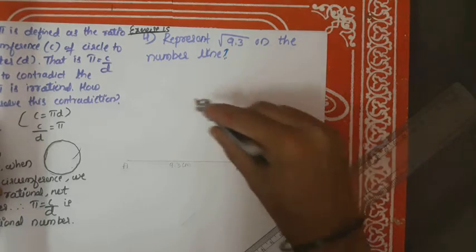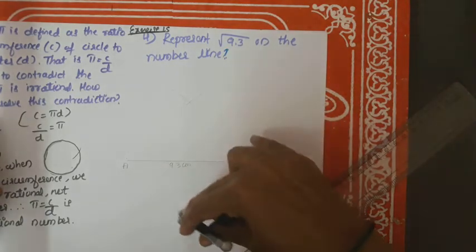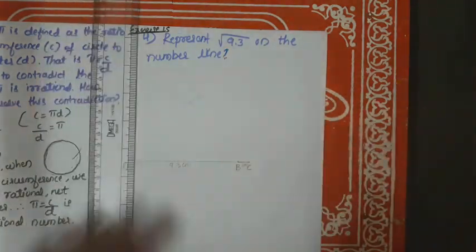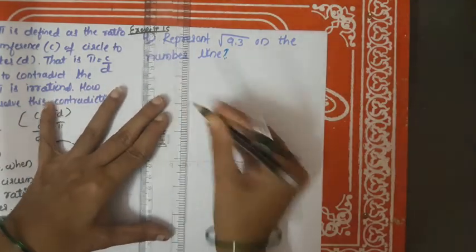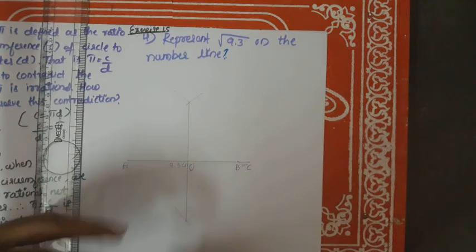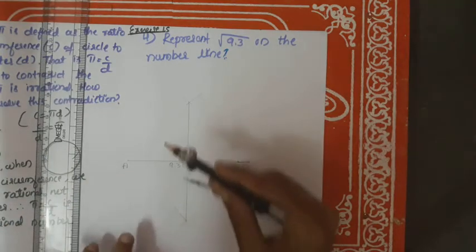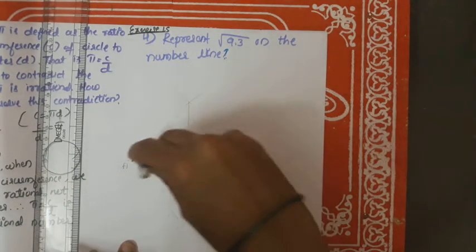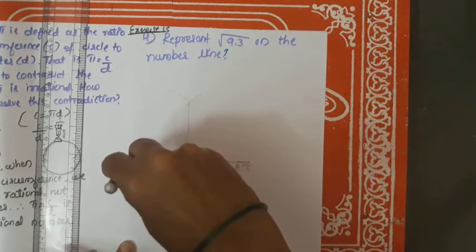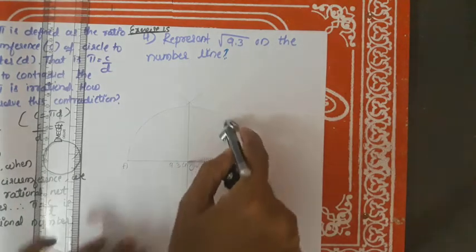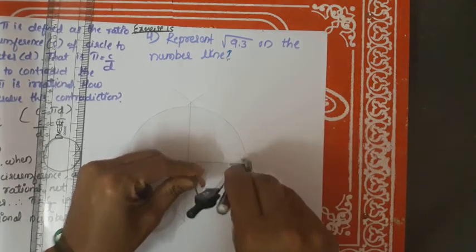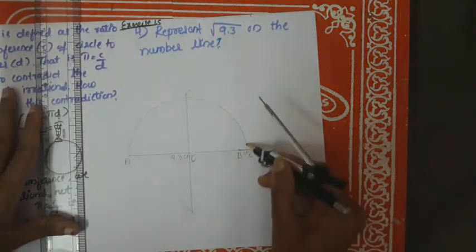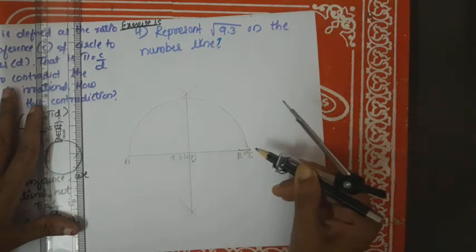Put on C. This is the bisector. I call this O. Point O is the center of the circle. Draw a semicircle here, and it will join C completely.